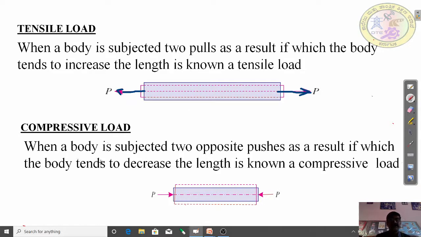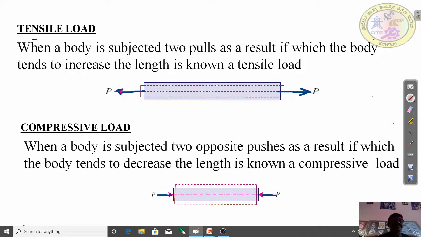Compressive load. When two opposite pushes act on a body, as a result of which the body tends to decrease its length, which is shown by dotted line, then it is known as compressive load.